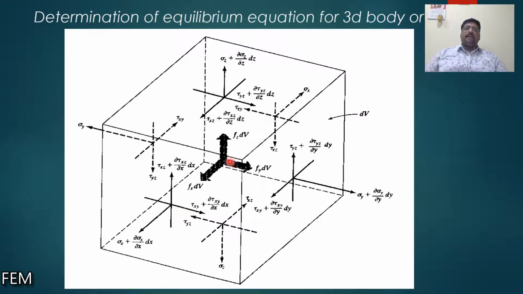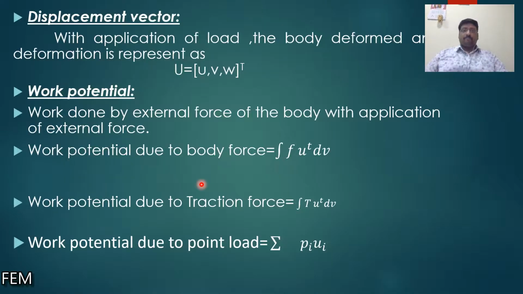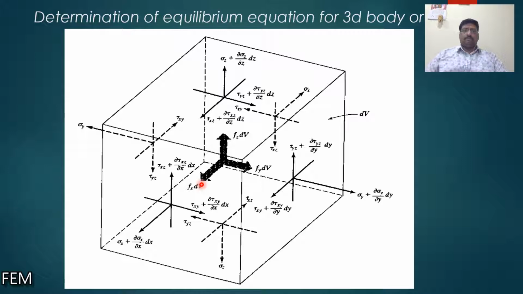Similarly, I am assuming that a body force is applied on the body. In the x direction, the total body force applied is f of x into dV. Now we are going to derive the equilibrium equations on the body.